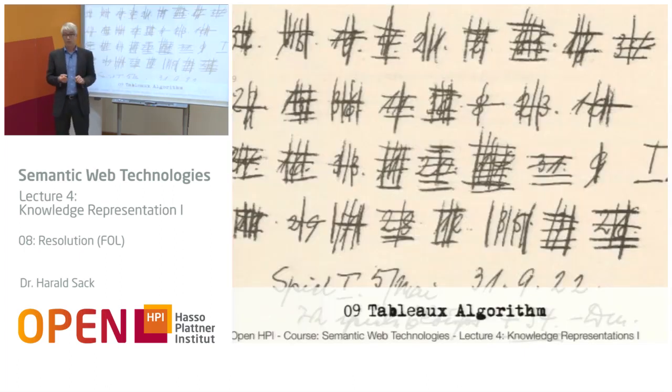In the next part of the lecture, we will learn about the so-called tableau algorithm, which is a little bit easier and a little bit different, but which can simply be applied also to description logics. And description logics will also be the next lecture. There you will learn more about description logics and its representation in the semantic web in the form of the web ontology language. But for that, we need the tableau algorithm, and this will be the next part of the lecture.